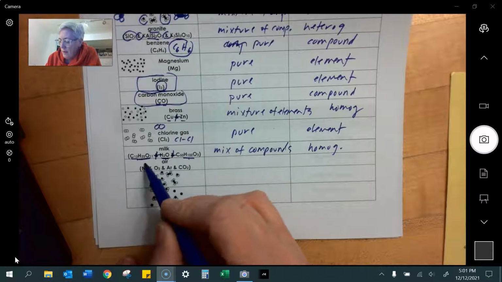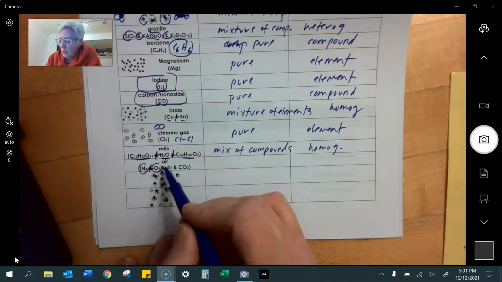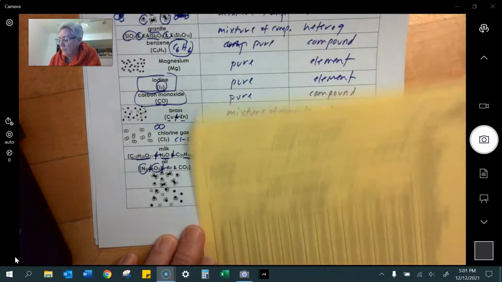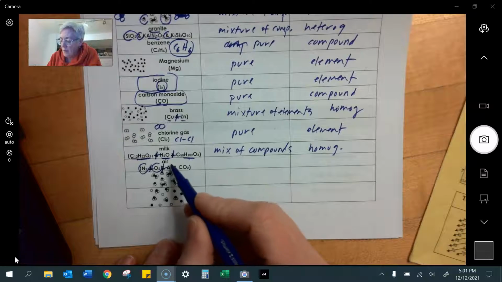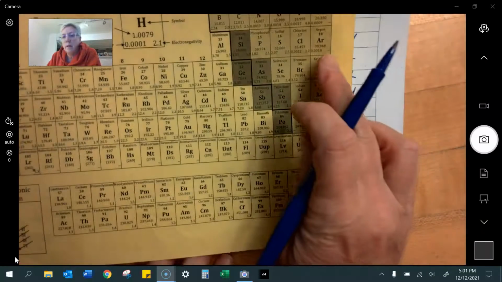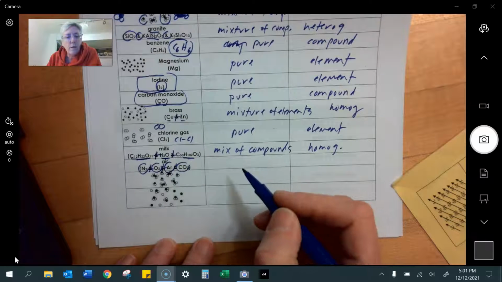All right, air. We have N2, that's an element. O2, that's an element. So you can see their diatomics right there. There's N2, and that's O2. And argon. Argon is an element. Here's argon right there. And CO2, that's carbon dioxide.